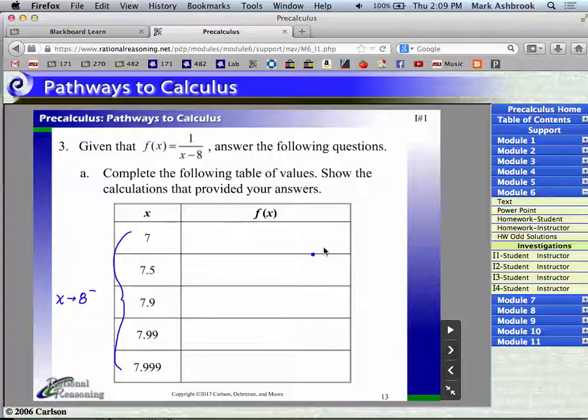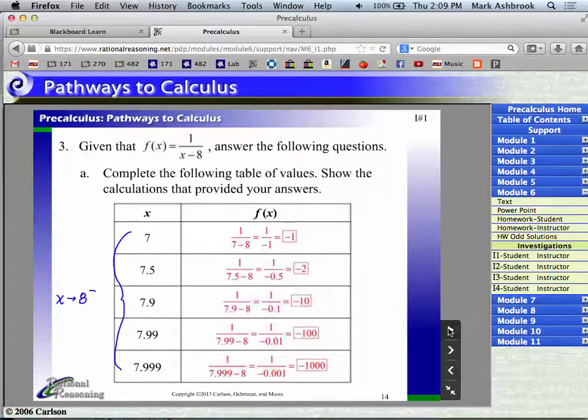Okay, and so when we do that, if we plug those values into that function 1 over x minus 8, here's what we get: -1, -2, -10, -100, -1,000. So we've seen the same kind of effect.